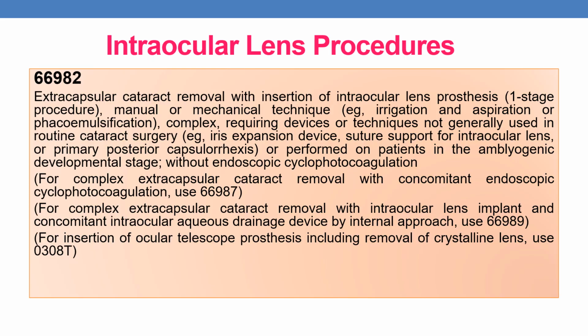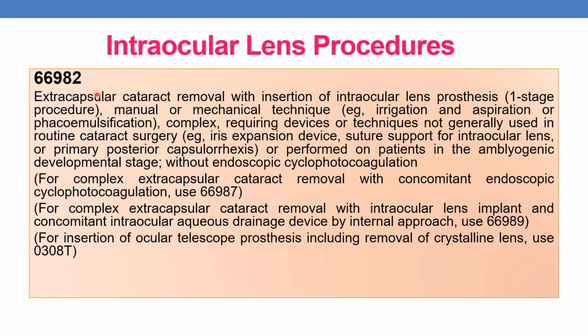First coming to first CPT 66982, extracapsular cataract removal with insertion of intraocular lens prosthesis, one stage procedure, manual or mechanical technique, for example, irrigation and aspiration or phacoemulsification, complex, requiring devices or techniques not generally used in routine cataract surgery, for example, iris expansion device, suture support for intraocular lens, or primary posterior capsulorhexis, or performed on patients in the amblyogenic developmental stage, without endoscopic cyclophotocoagulation. For that, the CPT is 66982.